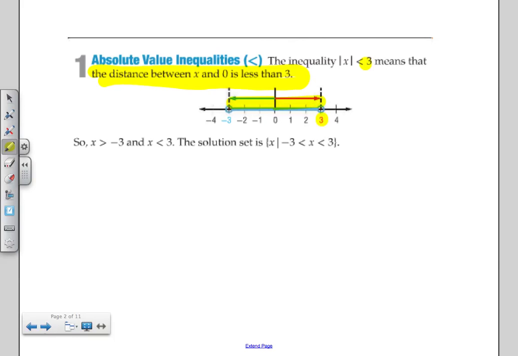So that means it's going to be between 3 and -3. So we know that x is going to be greater than -3 and x is going to be less than 3. So the solution set would look like this: x such that -3 is less than x and x is less than 3.